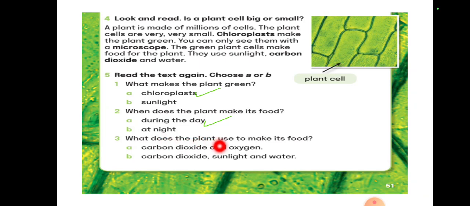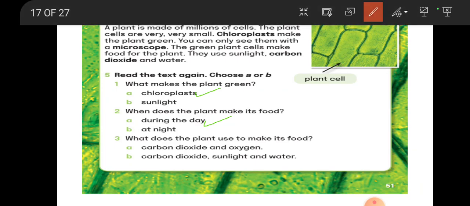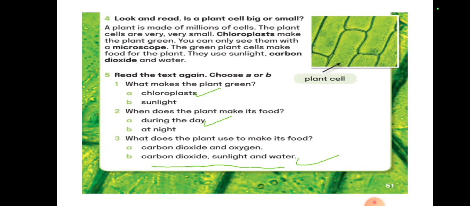What does the plant use to make its food? Do they use carbon dioxide and oxygen, or carbon dioxide, sunlight, and water? Of course, they need carbon dioxide, sunlight, and water to make their food.